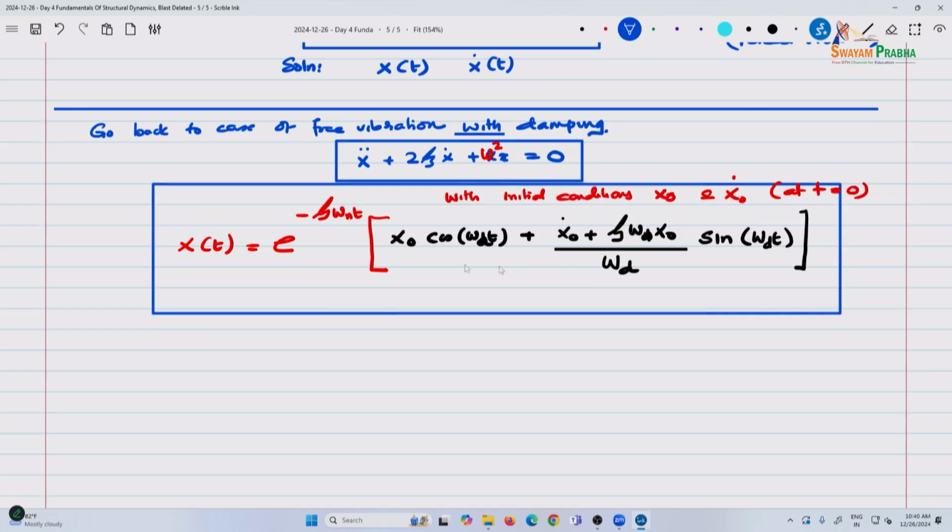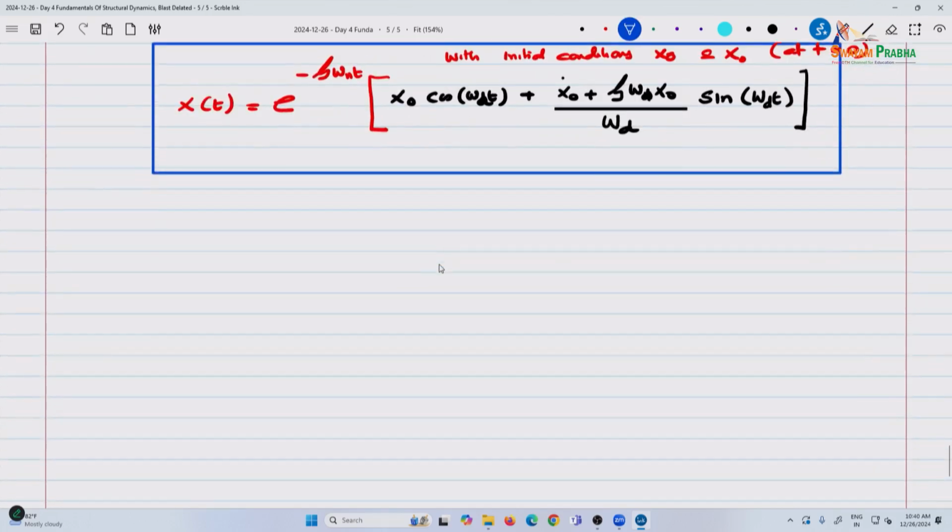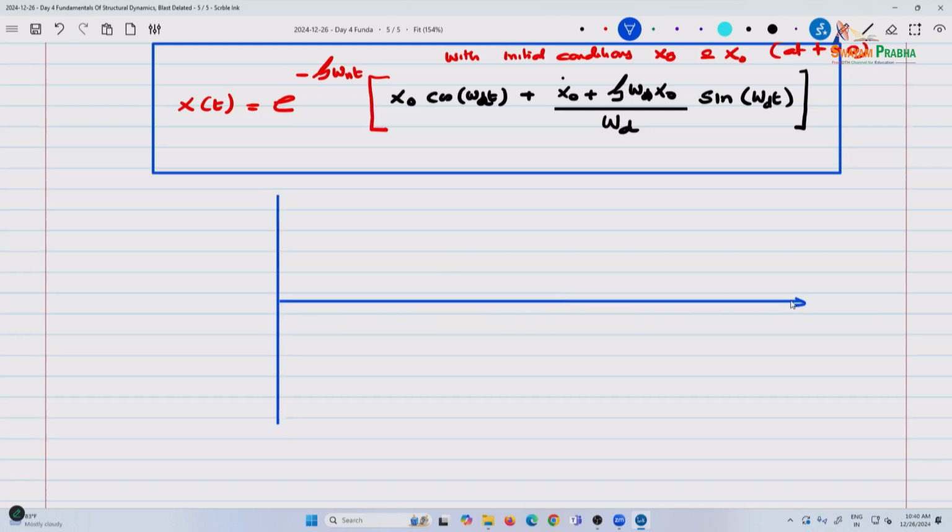So, with those initial conditions, what you get now is an expression that looks something like this.